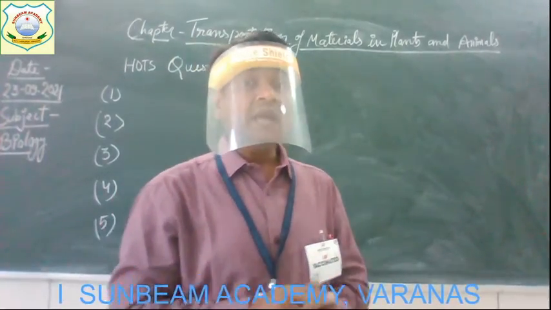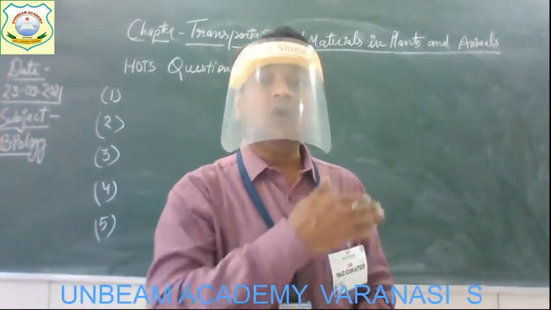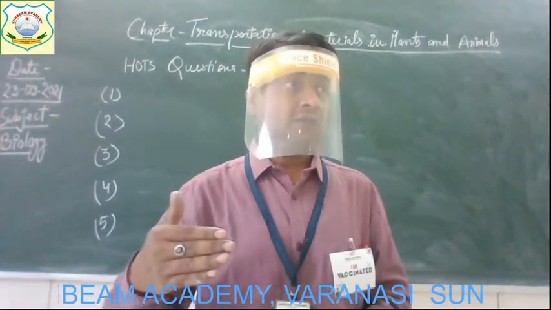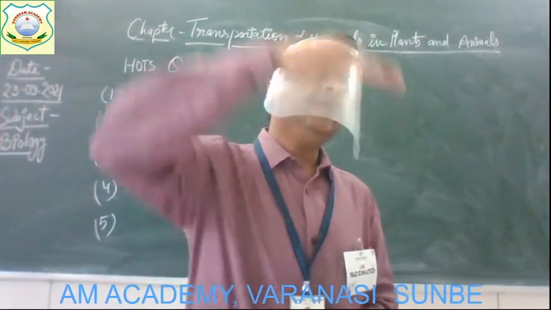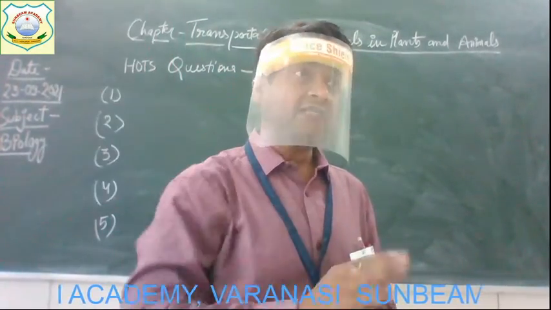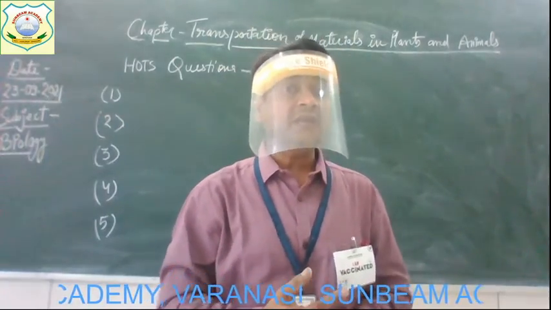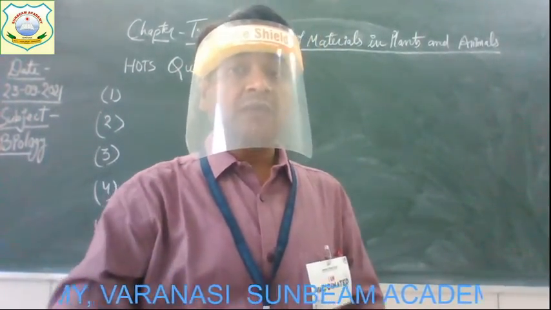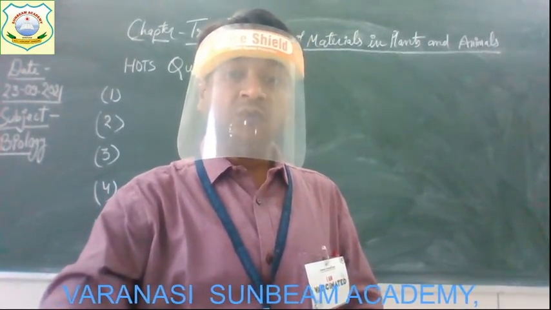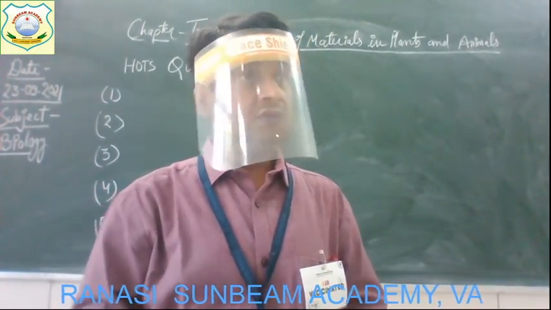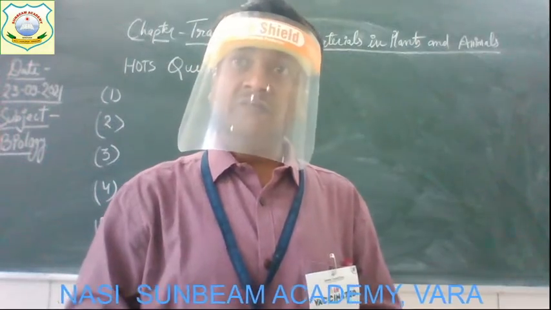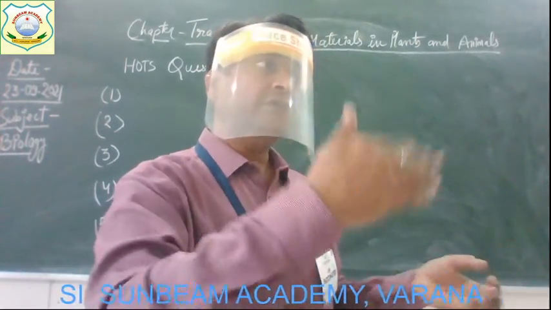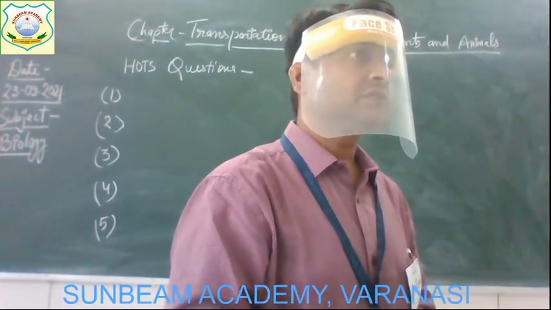The food has to reach all parts of the plant, including roots, leaves and flowers, everywhere. That is why transport of food in phloem takes place in both directions. Understood everyone? Why the different direction of movement occurs?